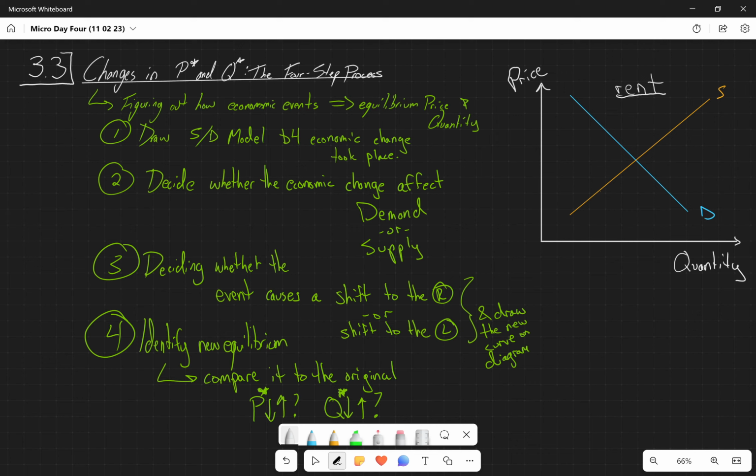And so we draw the supply and demand model before the economic change took place. And part of drawing it is labeling that equilibrium price and quantity when we start out, our P1 star, our Q1 star. Questions on first part? Okay.